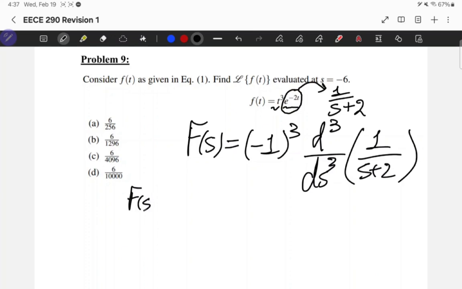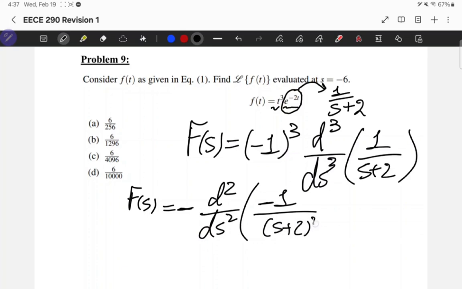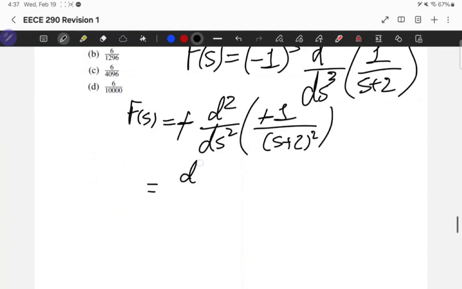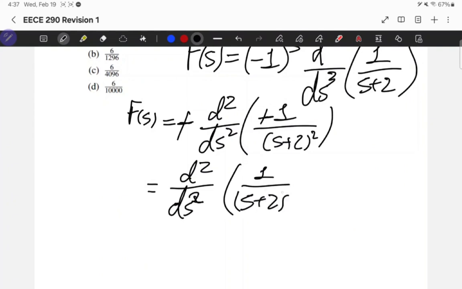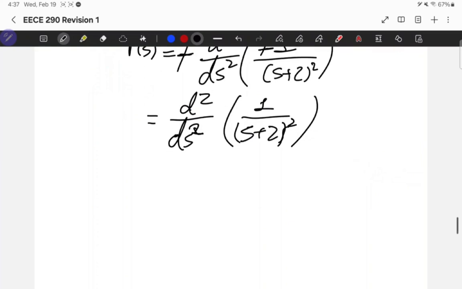So F of s is equal to minus d squared by ds squared. I will apply derivative once. This is equal to minus 1 over s plus 2 squared. Minus and minus cancel. This is equal to d squared over ds squared of 1 over s plus 2, all of it squared.